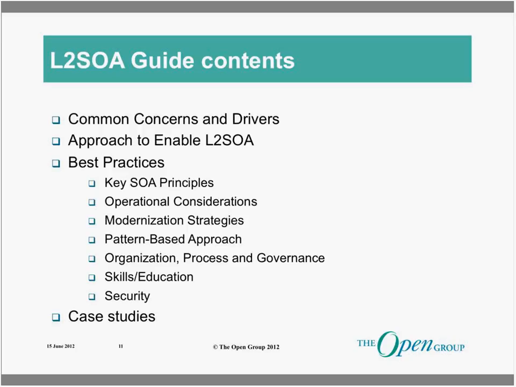What impact does legacy system evolution have on the current organization structures and processes? The guide also highlights an approach to develop the new skill sets required to evolve the systems, and to plan for those evolutions and transformations to SOA.